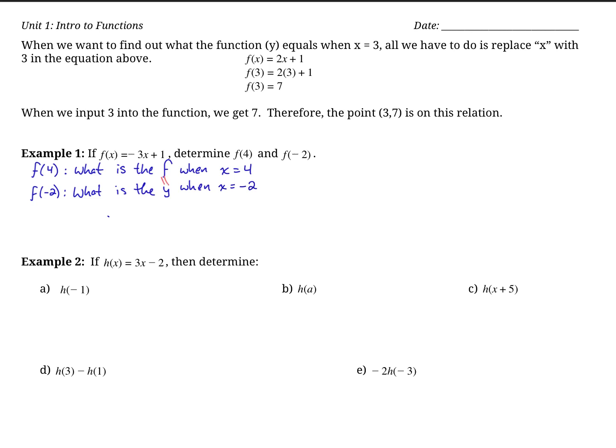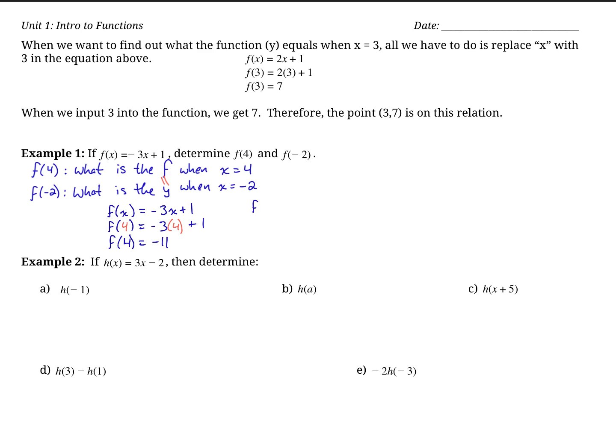To solve this, we start off by writing our original function. F at x is equal to negative 3x plus 1. Now whenever we see the x, we're going to replace that with 4. So f at 4 is equal to negative 3 times 4 plus 1. So f at 4 is equal to negative 11.